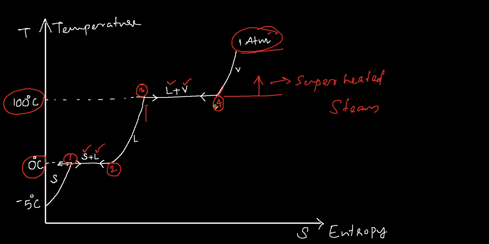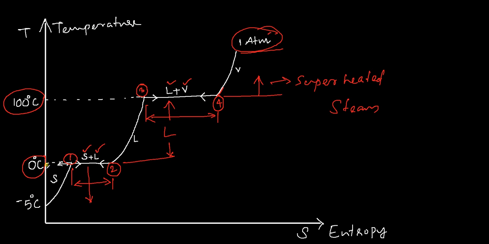You have a liquid vapor mixture here at 100 degrees C and 1 atmosphere. You have a liquid region here, only liquid, and you have a solid liquid mixture from 1 to 2, and you have a solid region below 0 degrees C. So any temperature below 0 at 1 atmosphere is solid.